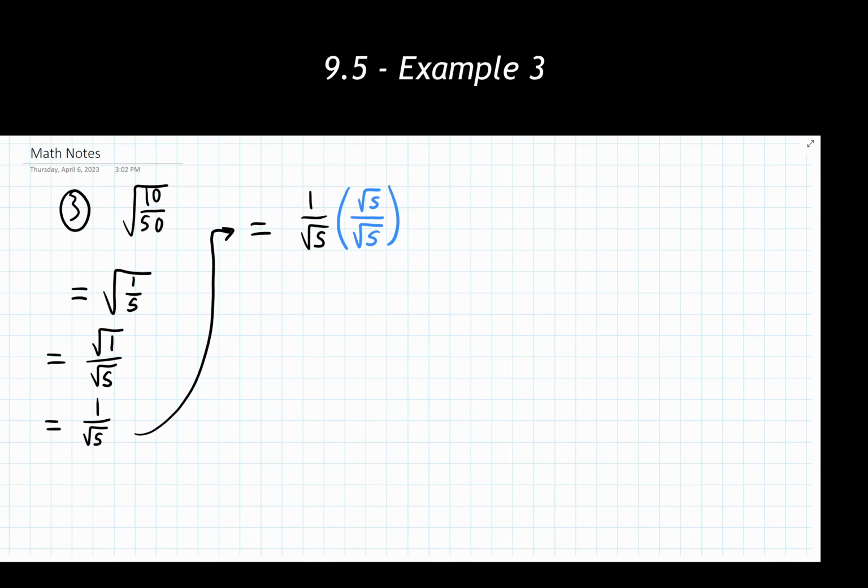So the way I do that is I'm noting that I'm working with the square root, which means it has an index of 2. So I need to multiply the denominator by a square root as well. Currently, the radicand is a 5. What would I need to multiply 5 by to make it a perfect square? Well, I need to multiply it by 5 as well. So that determines that to eliminate the square root in the denominator spot, the denominator would need to be multiplied by the square root of 5.